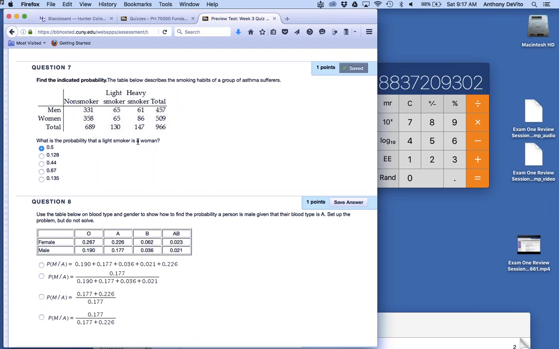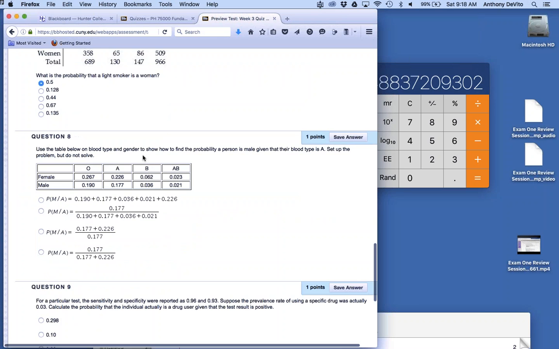So you really have to parse this and ask what are my conditions here? What's the primary condition? What's the probability that a light smoker is a woman? The primary condition is that it has to be a light smoker. We're only interested in light smokers. What's the probability that a woman is a light smoker? Well, we're starting with the fact that they're a woman, and we want to know what percentage of them are light smokers.